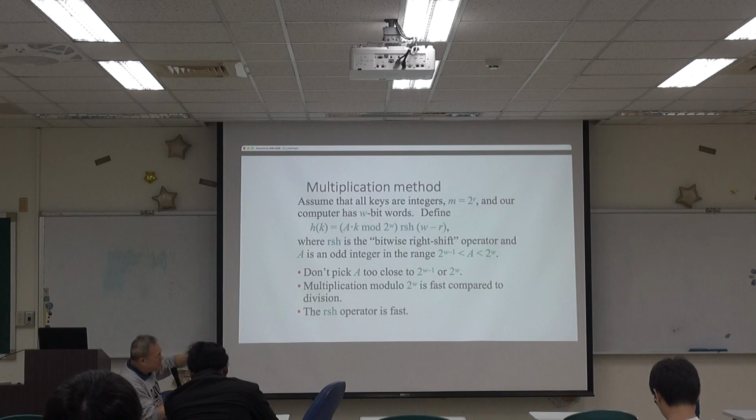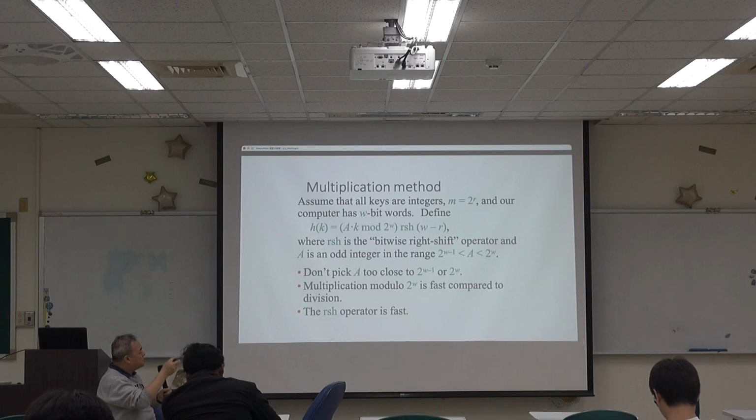It looks complicated. RSH represents the bitwise right shift operation. A is an odd integer in the range of 2 to the power of w minus 1 to 2 to the power of w. Basically, it's larger than half of the word, and it's an odd number.